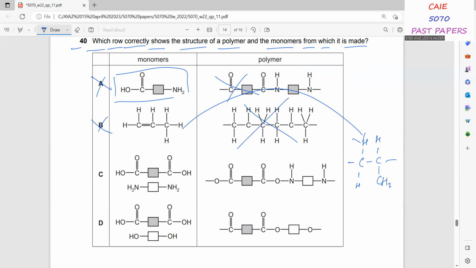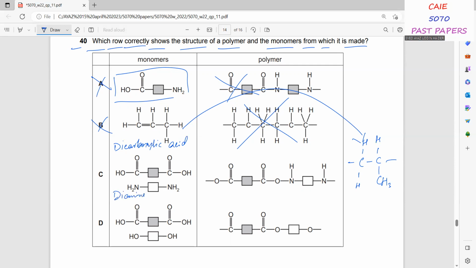C, you see you have dicarboxylic acid and diamine here. The top one is dicarboxylic acid and the bottom one is diamine.